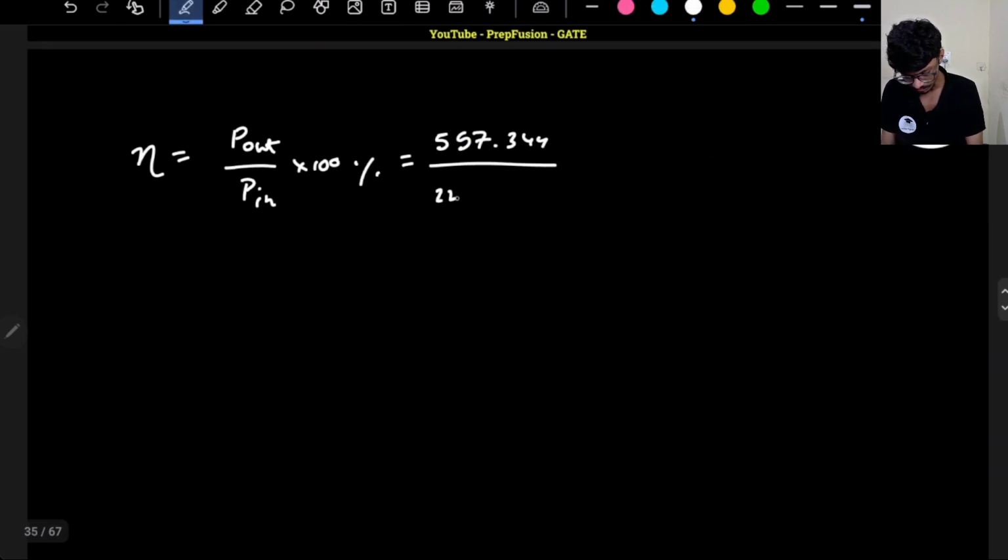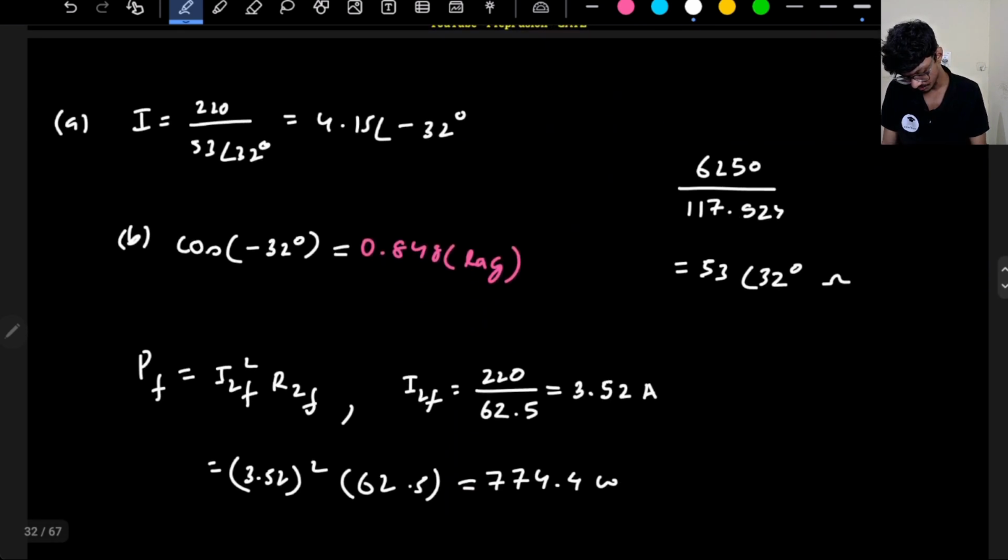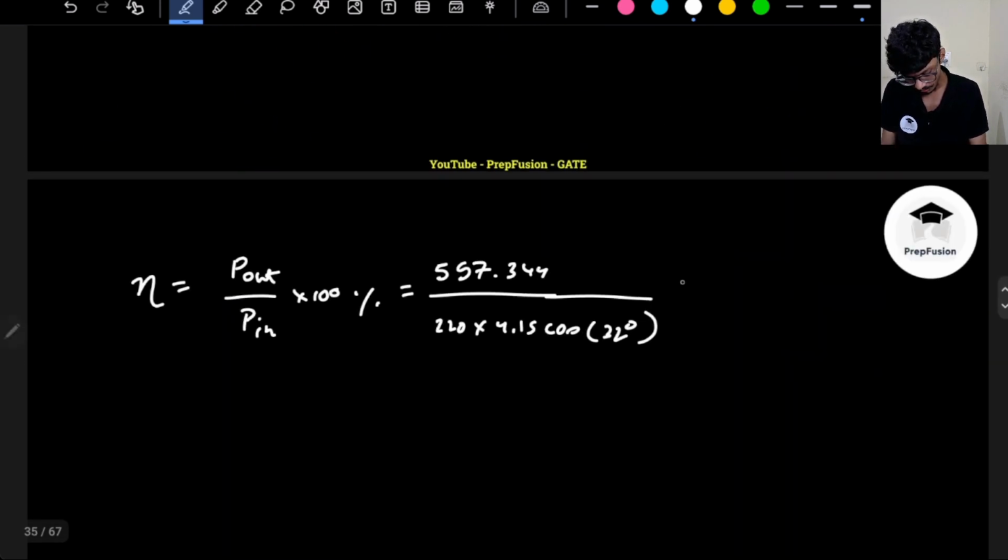So V is 220 volts, I is 4.15, cos of 32, right? So 220 into 4.15 into cos of 32, and 597.344 divided by this, into 100.